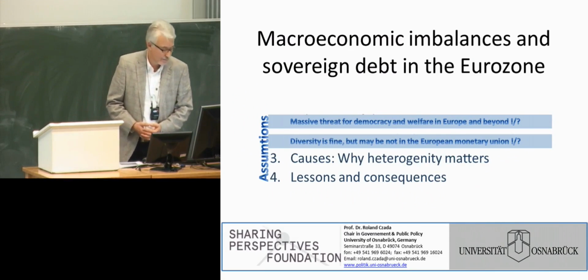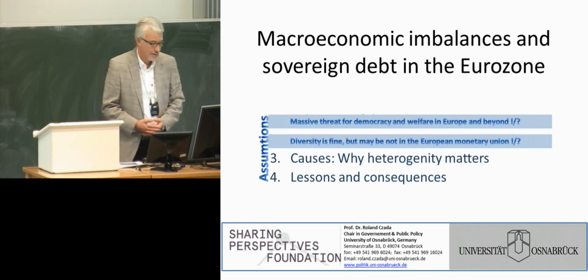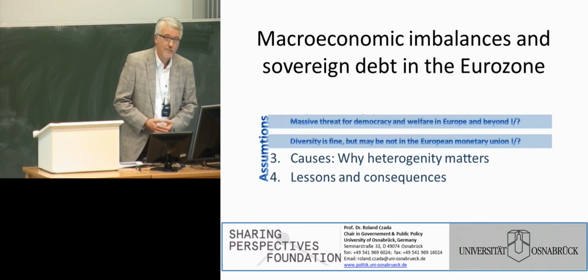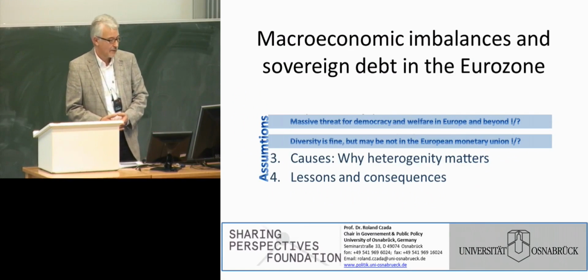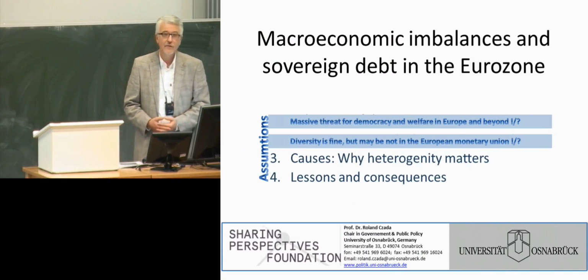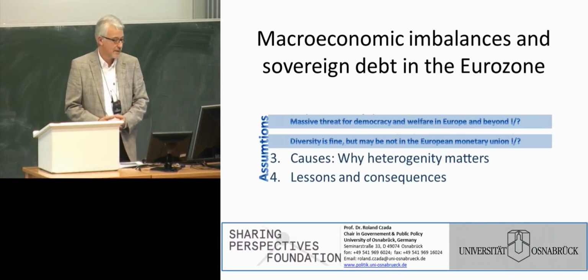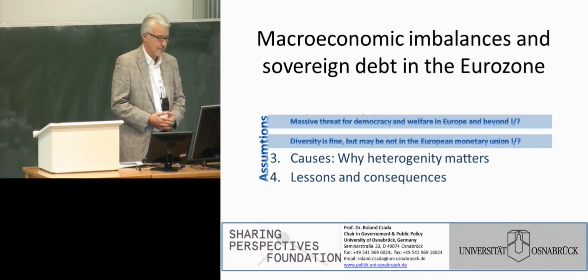So people in support of the European Union and the Euro always praise diversity, how nice it is, but when it comes to the Eurozone and the Eurozone crisis, we will see that diversity might be the major problem.